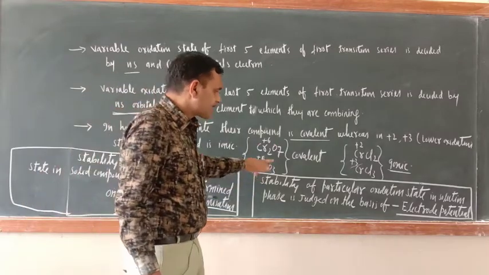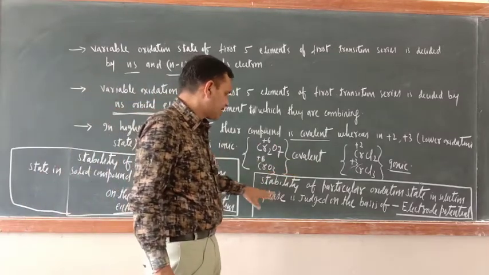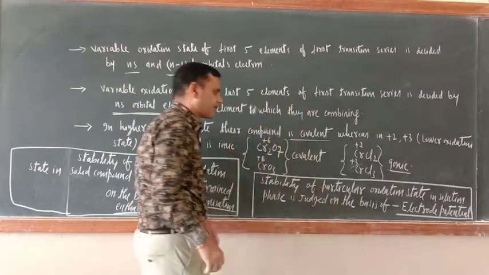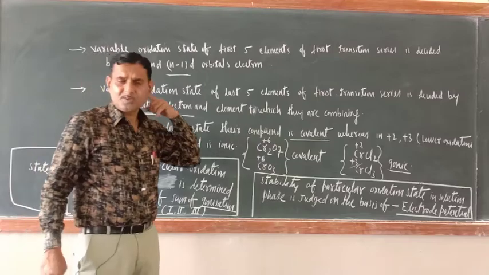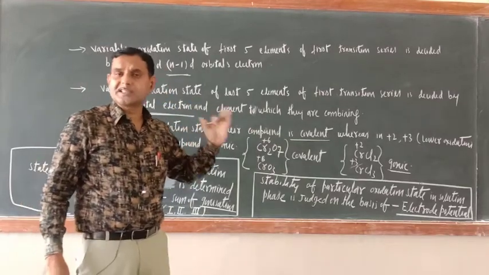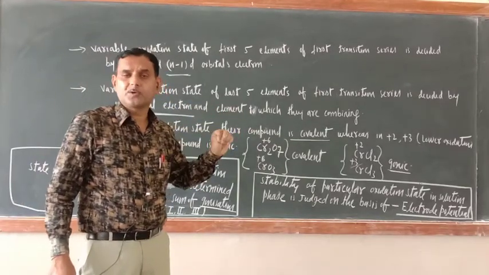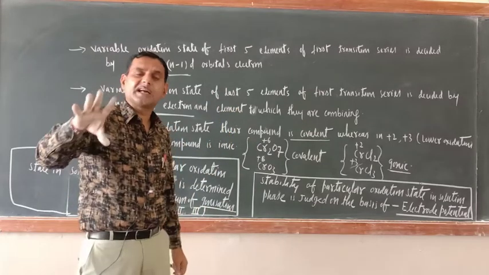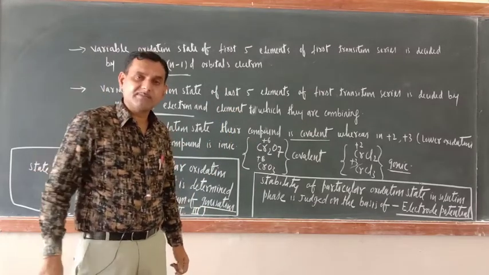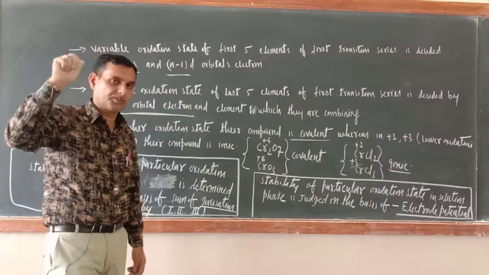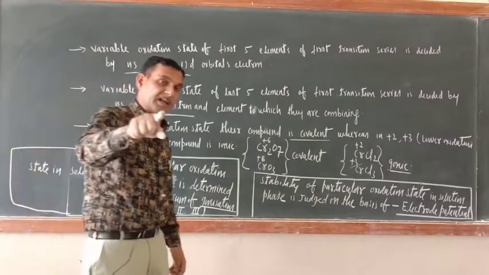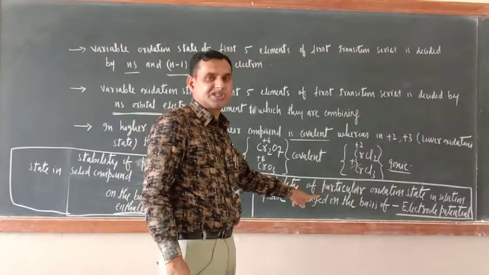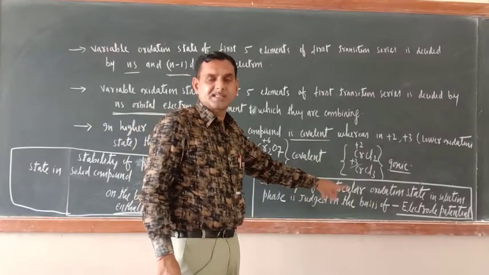Here, the stability of a particular oxidation state in solution phase is judged on the basis of electrode potential. When I was teaching you the oxidizing character of chlorine and fluorine, I told you that oxidizing character is judged on the basis of electrode potential. Okay, similarly for judging the stability of a particular oxidation state, electrode potential is applicable.